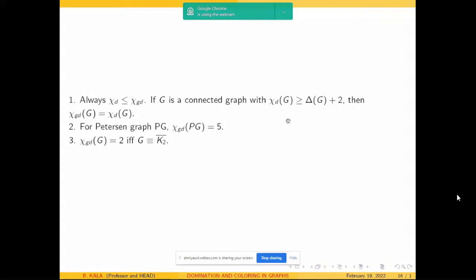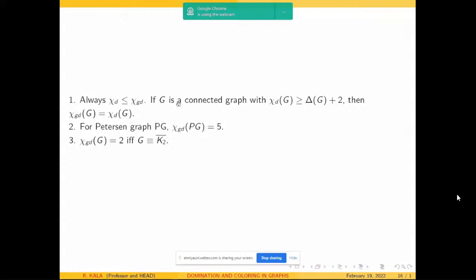The vertex is in one color class, and the neighbors can be in at most delta color classes. So delta plus 1 is over, but I have at least one more left. So every V will not be adjacent to any vertex of that color class. So for every vertex, you have a DOM color class as well as an anti-DOM color class, and so this chi D itself is a global dominator coloring.